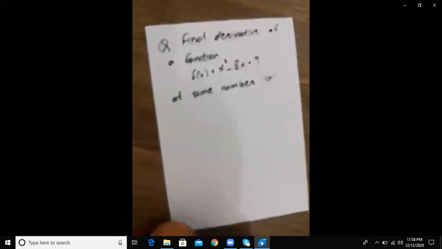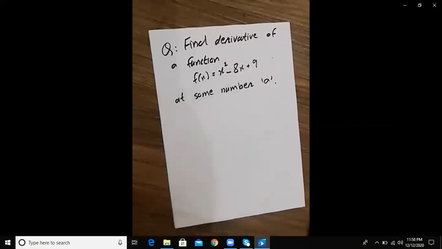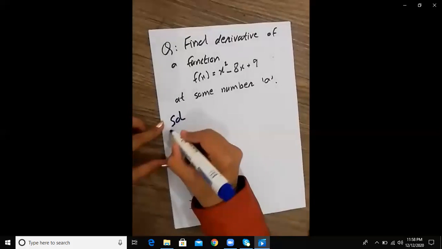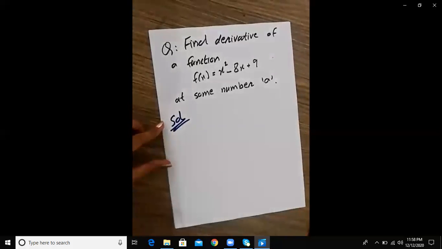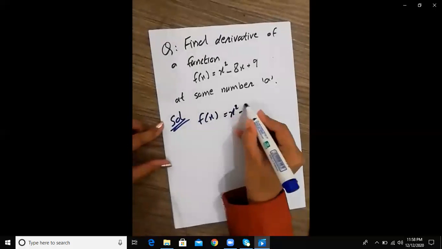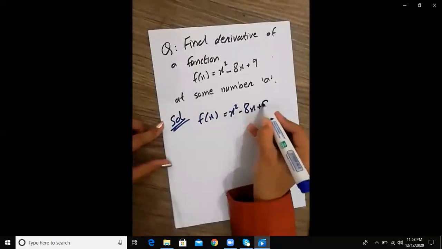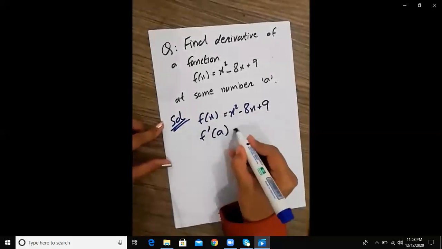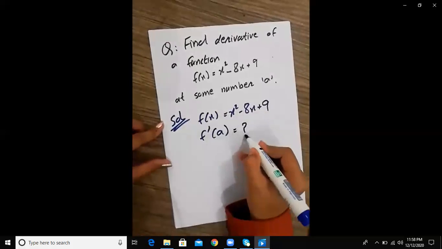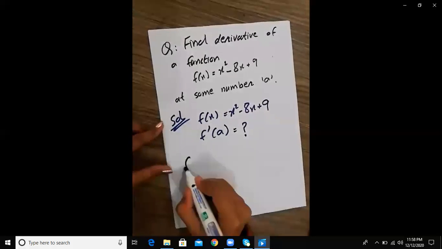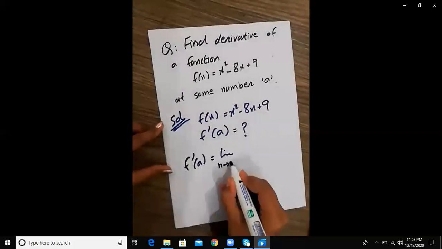So what we have to do is find the derivative of the given function at some particular number a. So this is our aim.